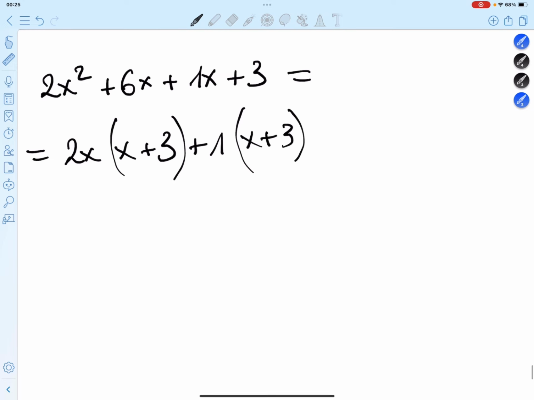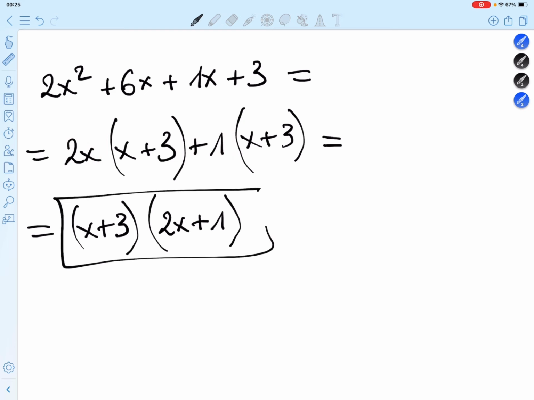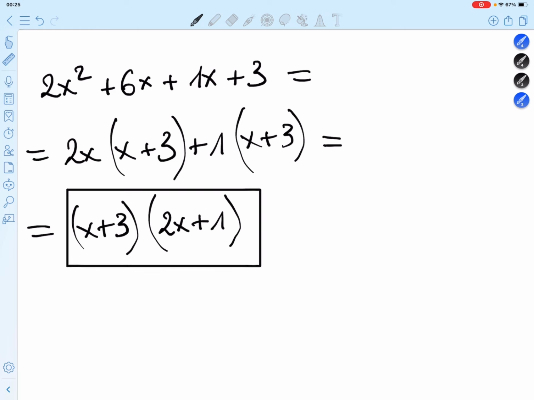Now we are not done yet. We have 2x times x plus 3 and 1 times x plus 3, so we factor out x plus 3, and what's left is 2x plus 1. Therefore, this is the factorization of this.